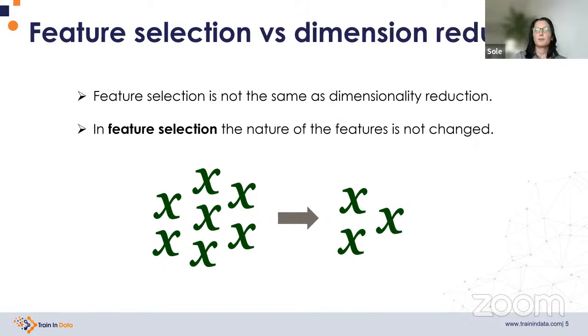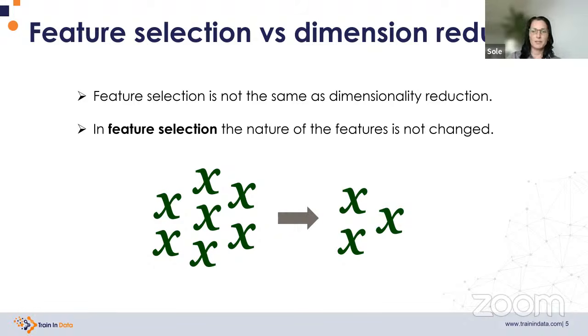Now, when I talk about feature selection, I often get the question, why are you not introducing principal component analysis? And the thing is that feature selection is not the same as dimensionality reduction. Feature selection algorithms do not change the nature of the features. What we do when we select features is we just select subsets from the total pool of features without really changing the nature of the features.